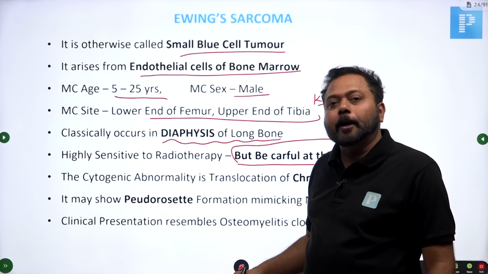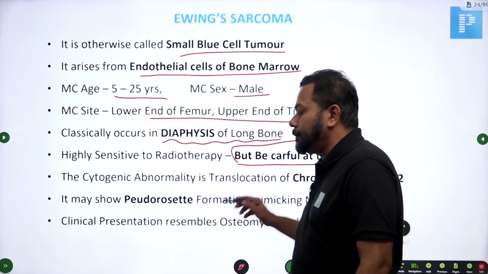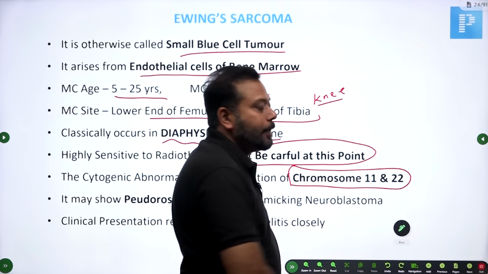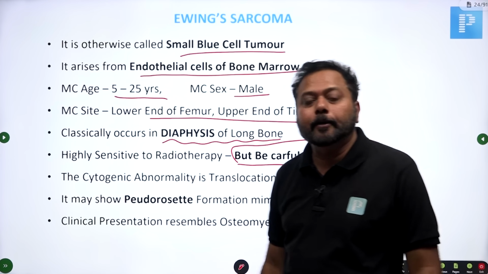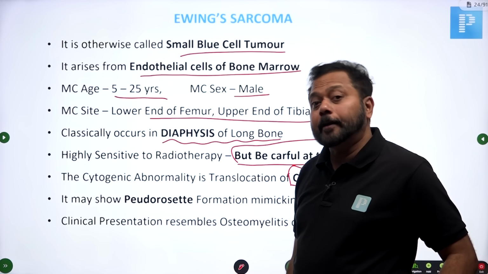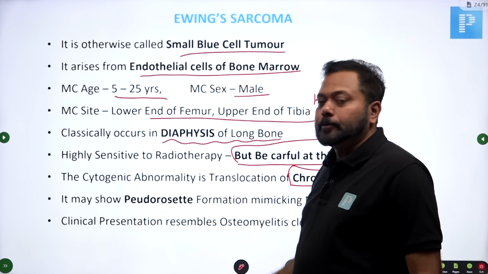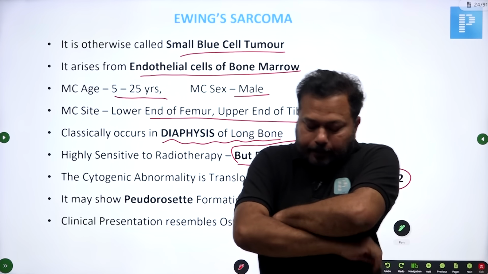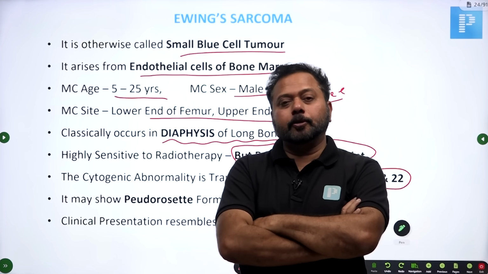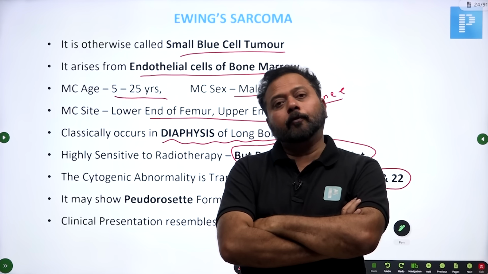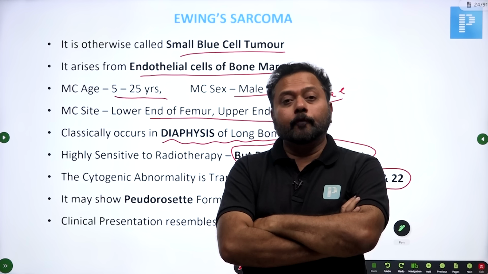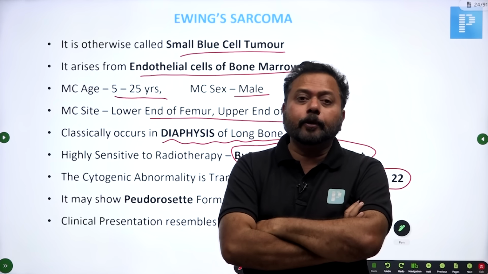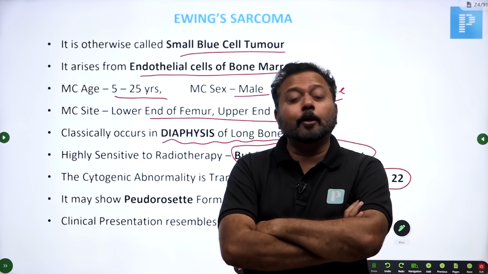And the cytogenetic abnormality, it has shown that there is translocation of chromosome 11 and 22. Okay, translocation of 11 and 22. That is a chromosomal cytogenetic abnormality. Please focus your fullest attention. The cytogenetic abnormality that is seen in osteogenic sarcoma is 13q14. Same thing we had read in retinoblastoma also. That is why 13q14 is called RB gene, retinoblastoma gene.